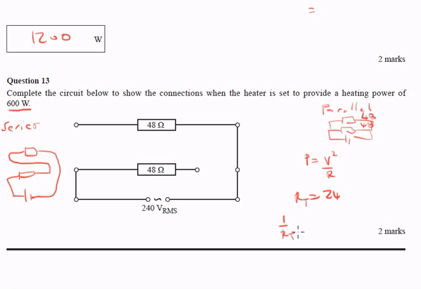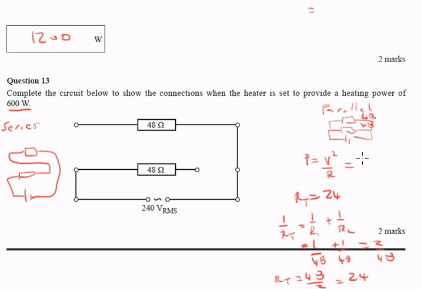So in parallel, 1 over the total resistance is 1 over R1 plus 1 over R2, which equals 1 over 48 plus 1 over 48, so 2 over 48. So RT equals 48 over 2, because you flip it, and that equals 24. And that's what we got. So let's just put the number in now.